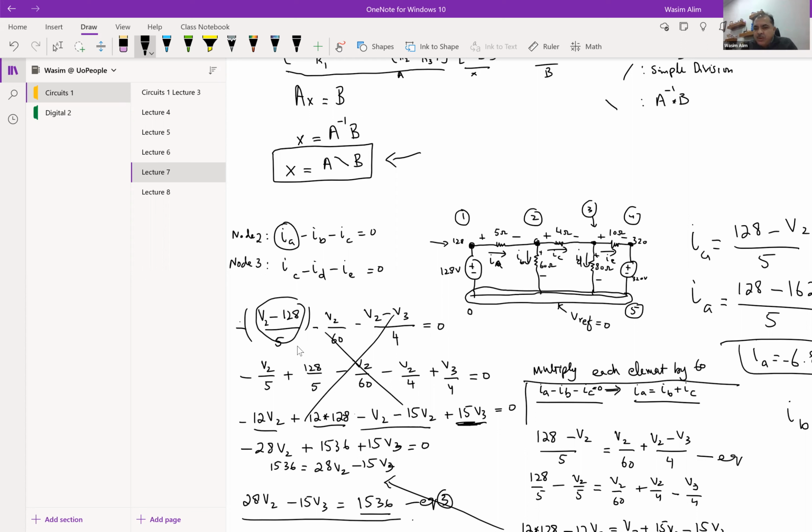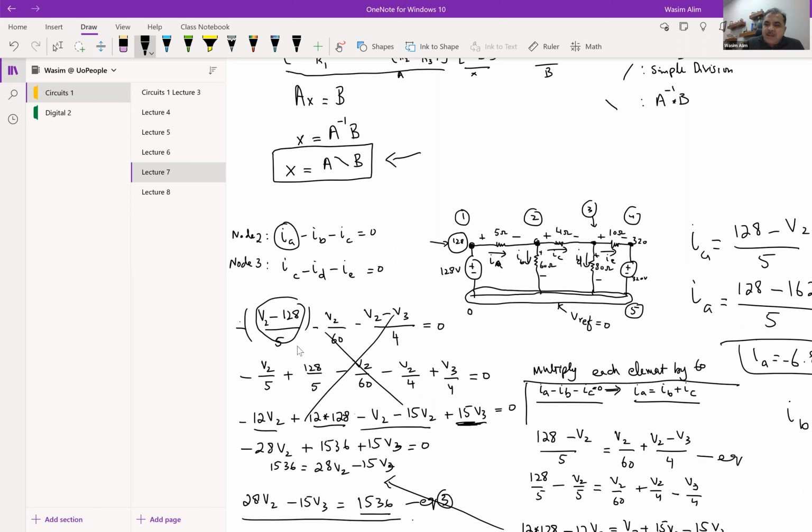If I look at node number 1, there's only a voltage source between that node and the reference voltage. So of course, as you said last time also, the voltage at node number 1 is going to be 128 volts. So we cannot call node number 1 an independent node because we already know its voltage.